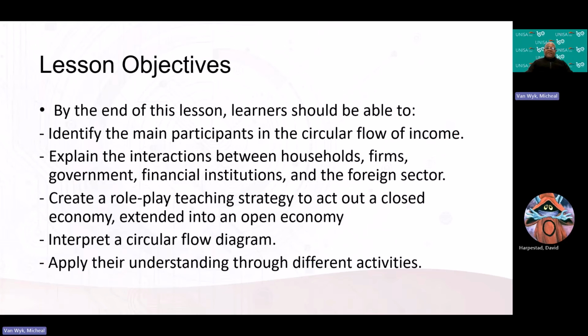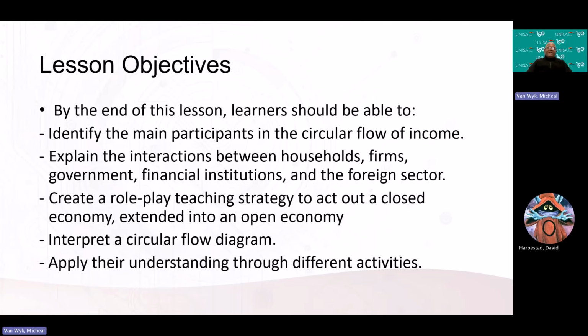And then the foreign sector. The foreign sector can be a country where South Africa has an agreement, like the United States of America, or we have an agreement with Lesotho, where we get water from Lesotho. In exchange, we give Lesotho funding or money, or we give them resources.